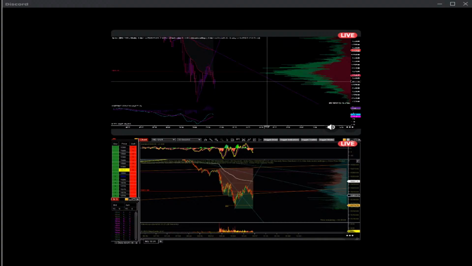This candle has not much volume in it. Neither does this one. That means the market's been manipulated. Let's see.